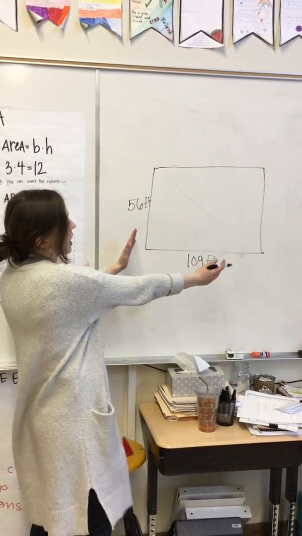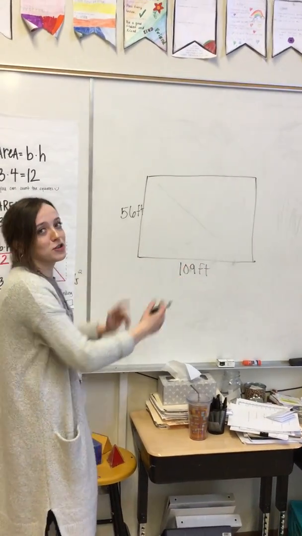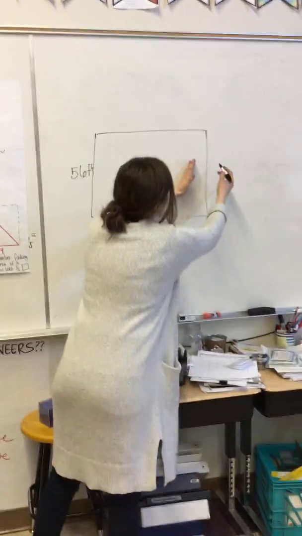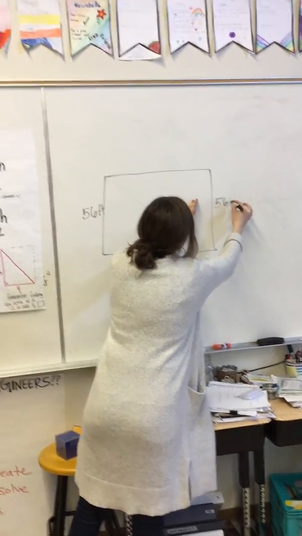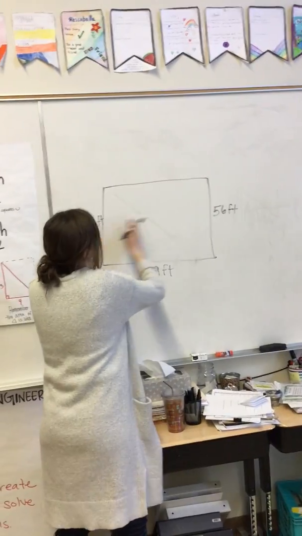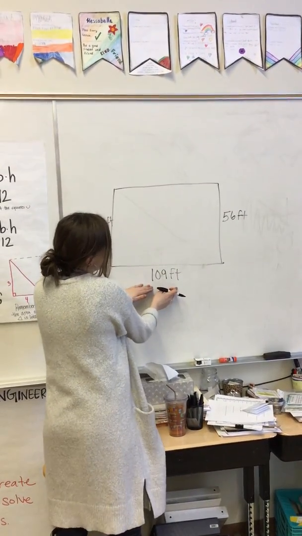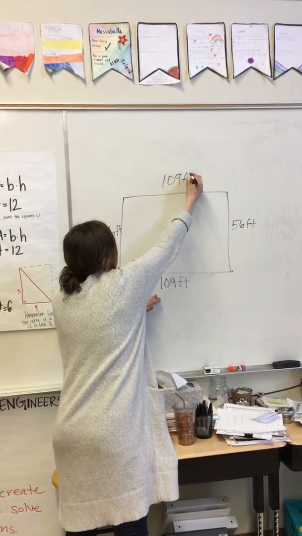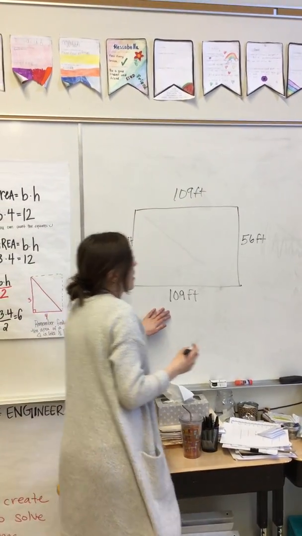Well, it's a rectangle. And if this side is 56, this side must be 56, because rectangles have opposite sides that are equal. And if this is 109, this must be 109 as well. And then we add them all up.